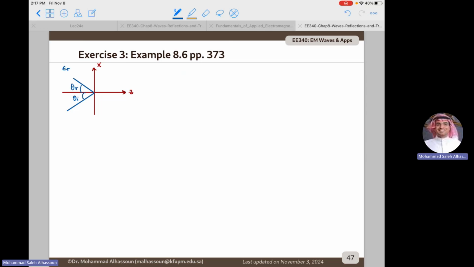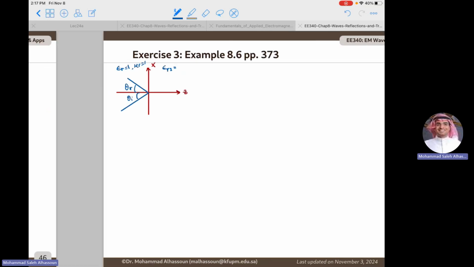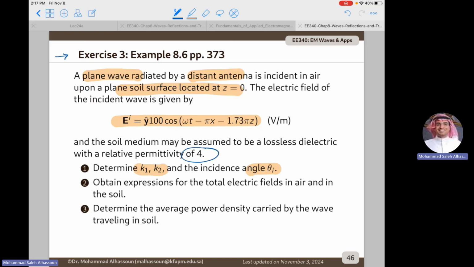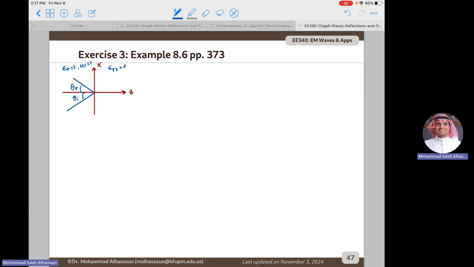Epsilon R1 is 1 here, and it's non-magnetic, so mu R is 1. Epsilon R2 here is given, which is 4, and mu R2 is simply 1.